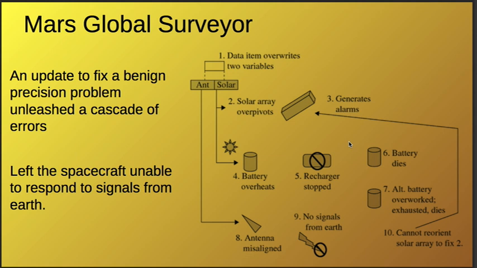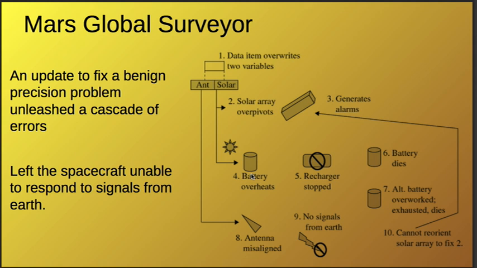So if you go down the sequence of errors, if you wrote to a data item, it would override two variables. One of them made the solar array overpivot. That generated alarms, which resulted in the battery overheating. So the solar array was tilted, I guess, too far towards the sun.